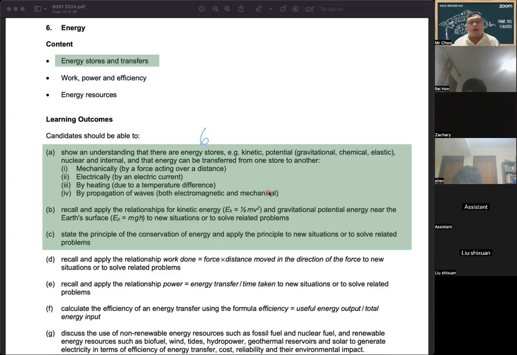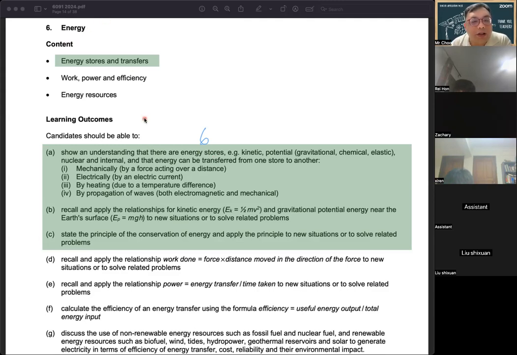Same thing here for energy. For your batch onwards, you are using this energy store as a model to study energy. That's a bit different compared to what your seniors are learning, but your formulas and everything else are all the same.